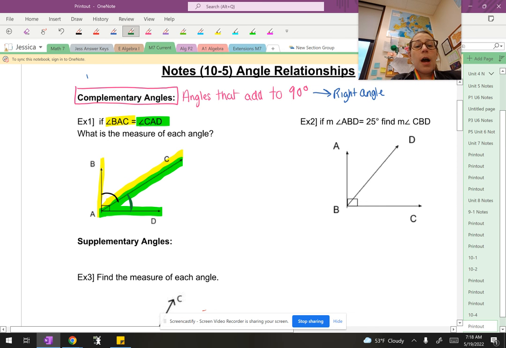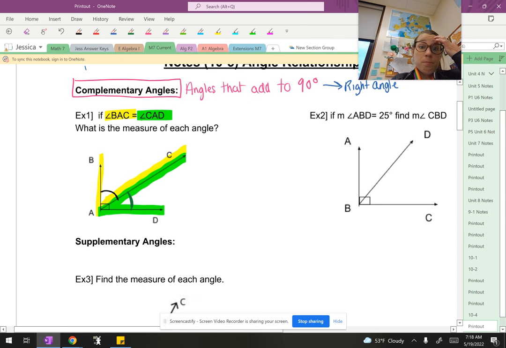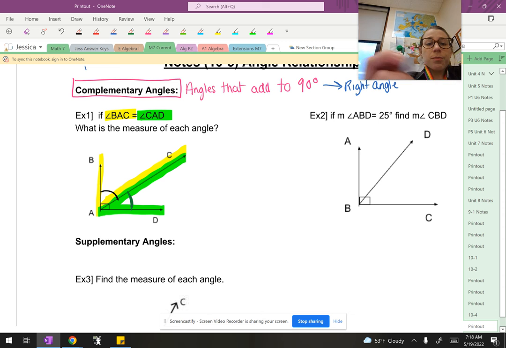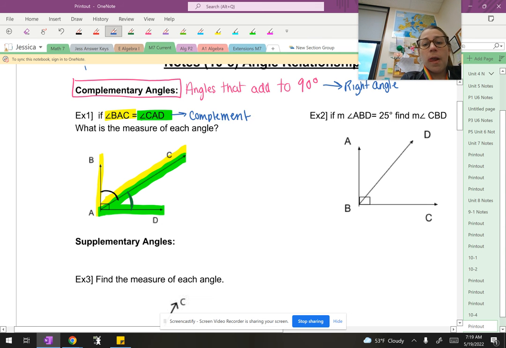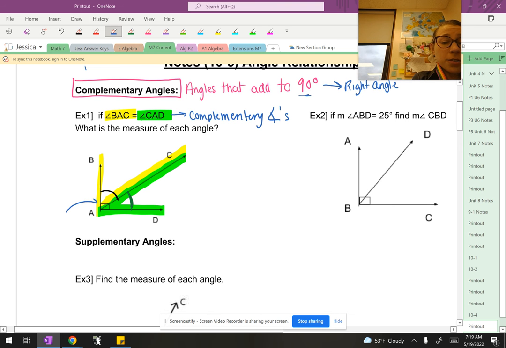Okay, so what about this diagram tells you that these two angles are complementary? I'm just going to make a note of that. These are complementary angles. And how do I know that they're complementary? Remember, complementary means that they add to 90 degrees. Well, I can tell that they add to 90 degrees because of that right angle box.